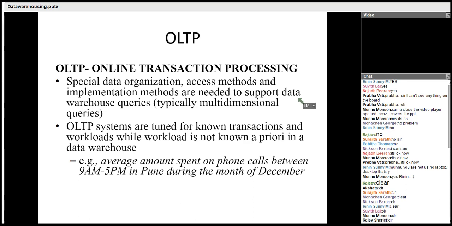I want that particular data. That data is stored in the data warehouse. To extract it from the data warehouse to my system, I need to write some programming language, some database language or some query. That particular query which is written is called online transaction processing. This is what is written here: special data organization, access methods and implementation methods are needed to support data warehouse queries.